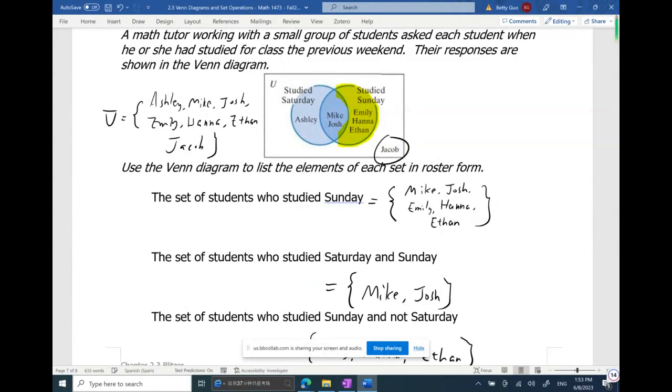Don't forget Jacob. What happened to Jacob? How do you understand his response to the survey? He didn't study on either day, right? He does not study on weekends. So 1, 2, 3, 4, 5, 6, 7. 7 students responded to the survey.